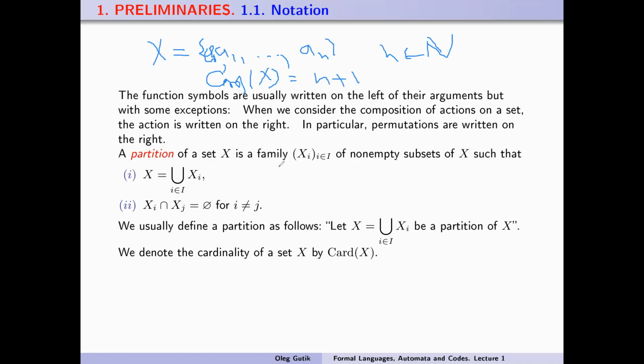Also, we shall write when the cardinality of two sets A and B coincides.